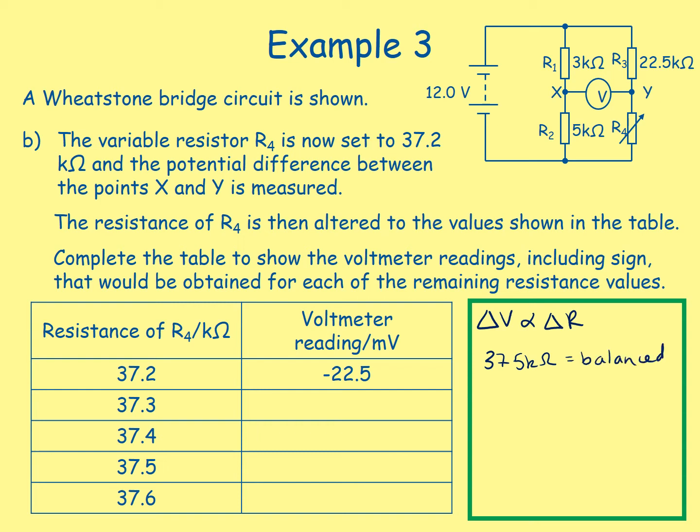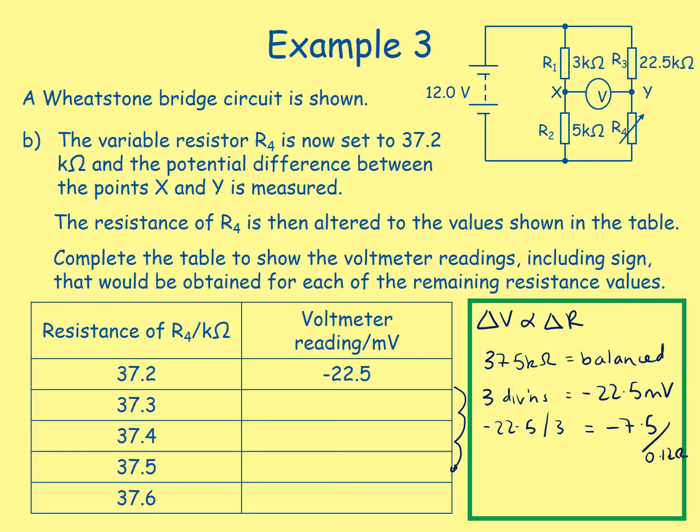And just here we can see that from 37.5, 1, 2, 3 divisions, so 3 of 0.1 kiloohms, is showing a reading of minus 22.5 millivolts. So if we divide minus 22.5 by 3, we get minus 7.5, and that's per 0.1 kiloohm.